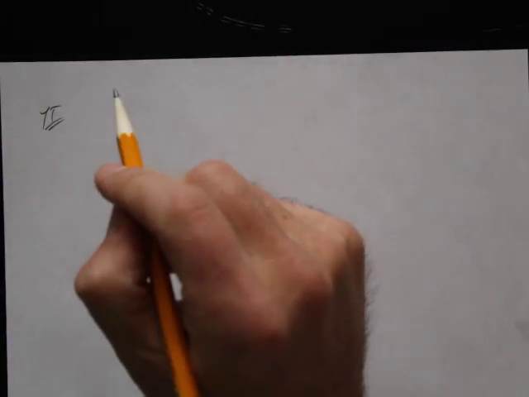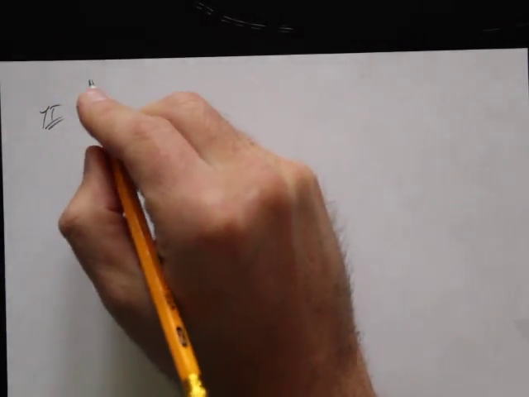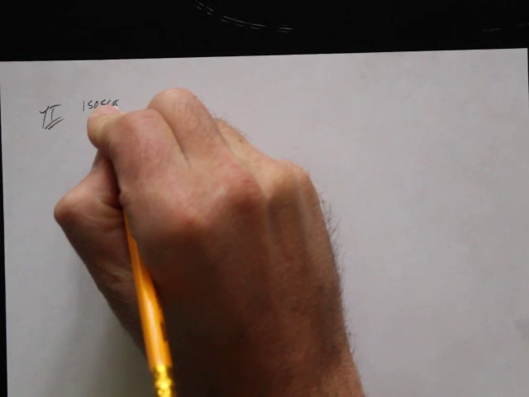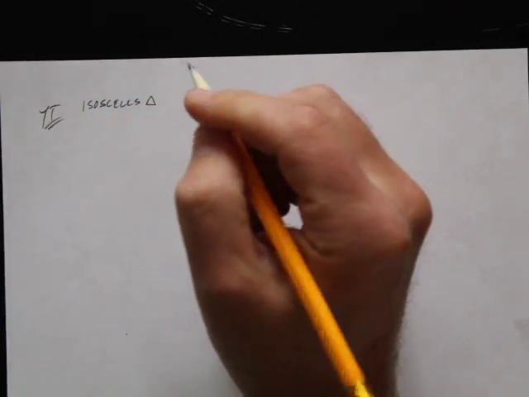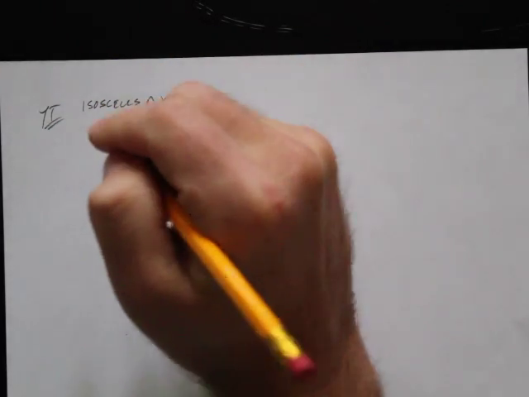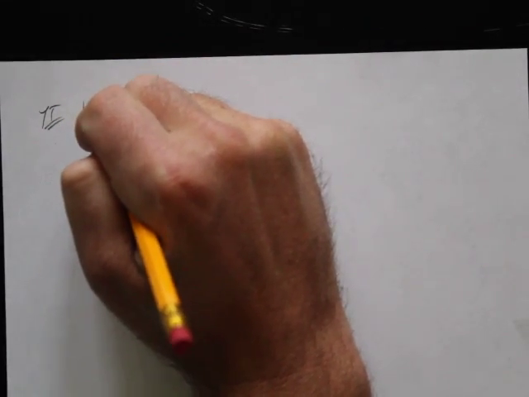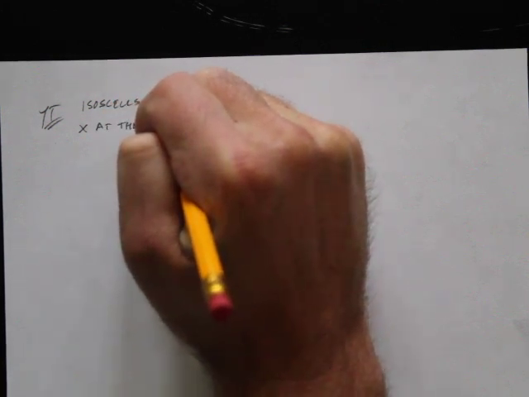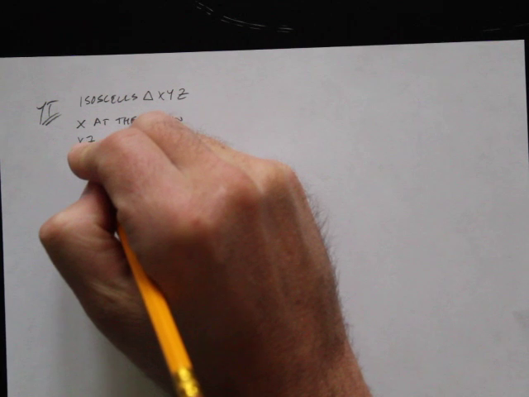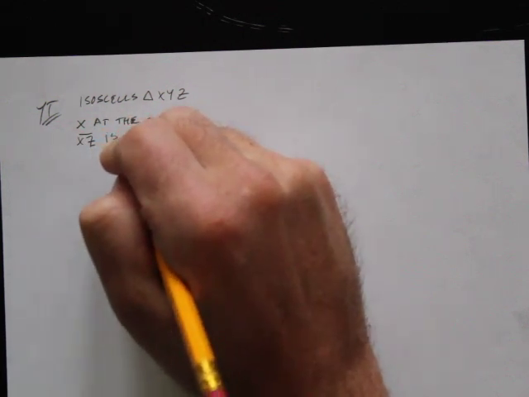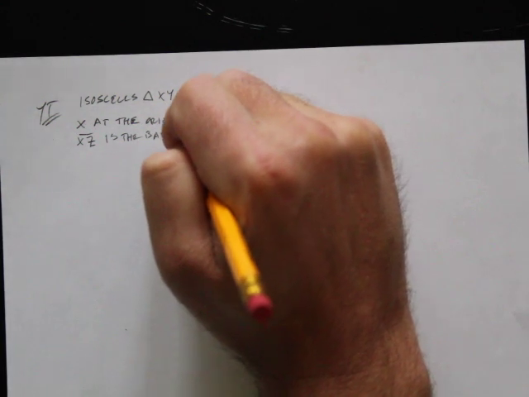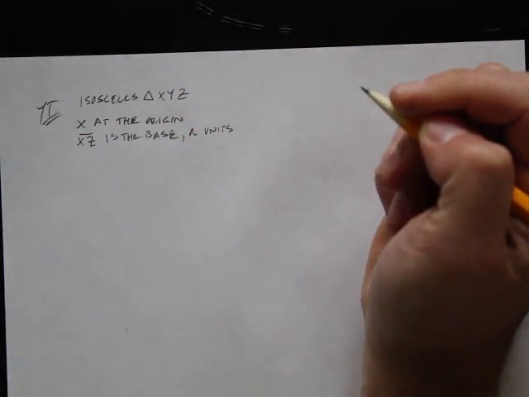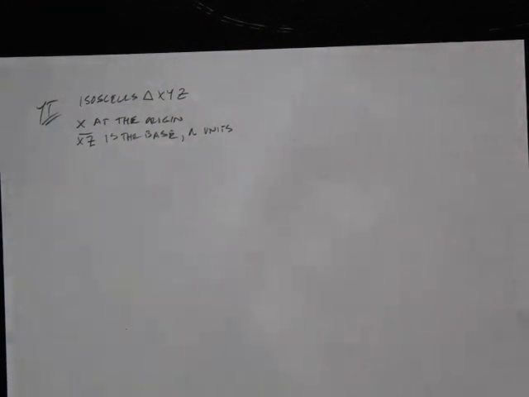For this one, I am going to have you draw an isosceles triangle XYZ, where X is at the origin. XZ is the base, and it is A units long.